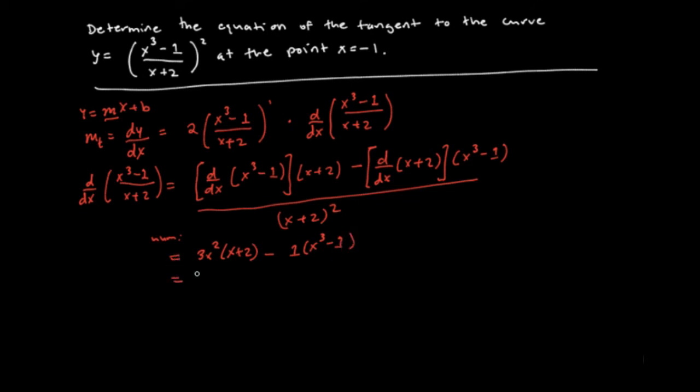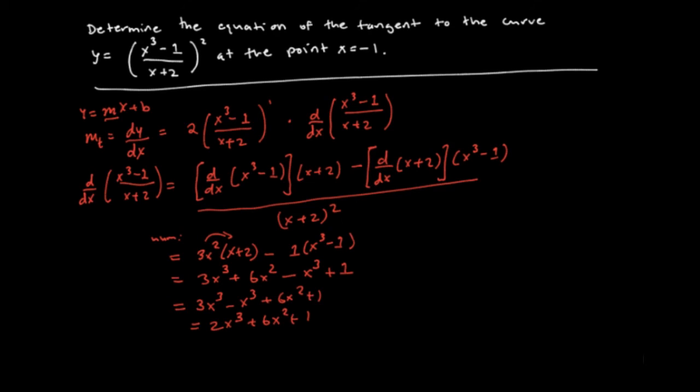And if I clean this up by expanding it, this is 3x cubed plus 6x squared minus x cubed plus 1. So you basically get 3x cubed minus x cubed plus 6x squared plus 1, which is equal to 2x cubed plus 6x squared plus 1.